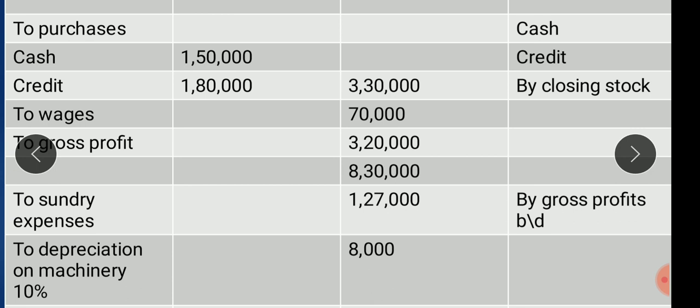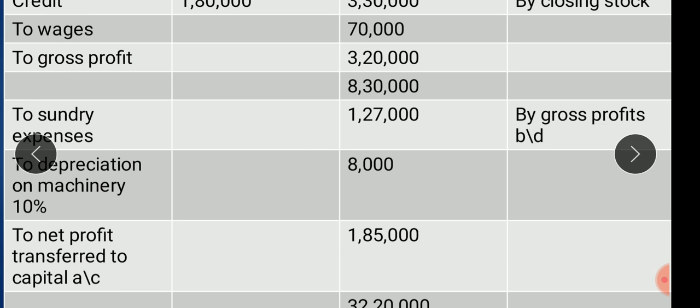To sundry expenses 1,27,000, to depreciation on furniture and fittings at 10%. For the depreciation value, you take the second year value, furniture and fittings 80,000 at 10%, the result is 8,000 only. So to net profit, the value is 1,85,000. Net profit value means the net result, that is a balancing figure.